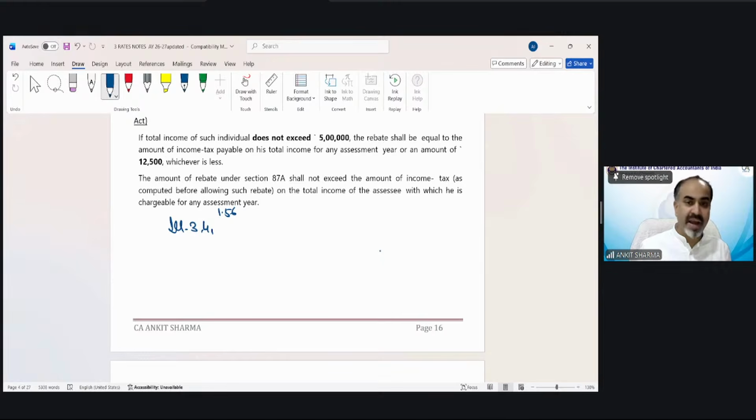Okay, illustration number 9 also you can do. Illustration 3, 4, 9. Illustration number 10. Illustration number 11. Others are related to surcharge provision and agricultural provision. So if you're able to solve these questions, you will understand this chapter in a better way.